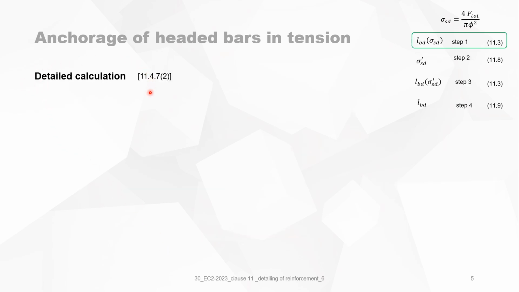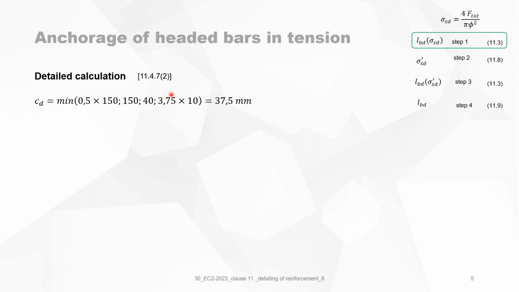Now we have a look at a detailed calculation. You remember, these were the different steps that we have to follow for a detailed calculation. Doing so, we first have to calculate CD, the nominal concrete cover, which is the minimum of half spacing, AX and AY, or 3.75 times the diameter, which is 37.5 millimeters.